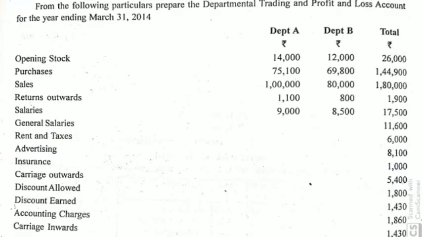Return outwards, which is nothing but purchase returns, 1,100 for department A, 800 for department B, and 1,900 total return outwards. Salaries 9,000 for department A, 8,500 for department B, total salaries 17,500.